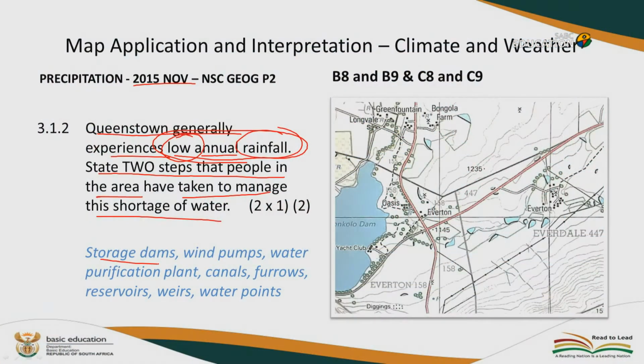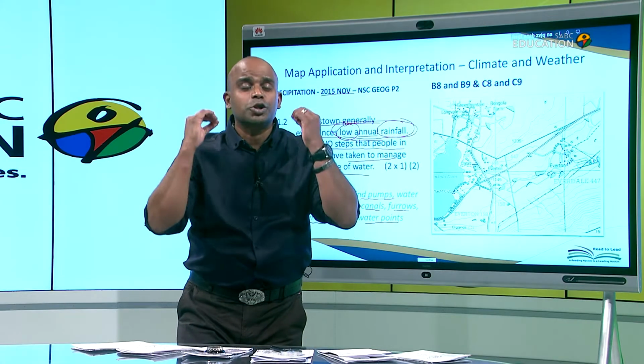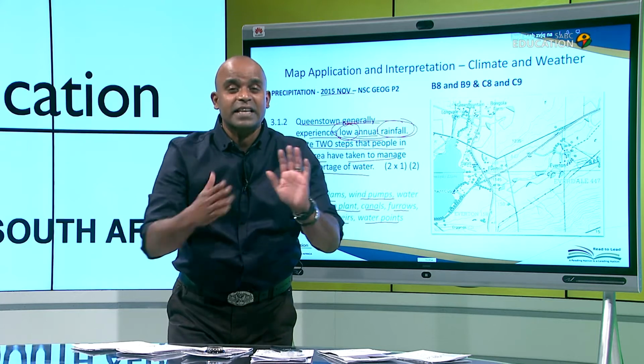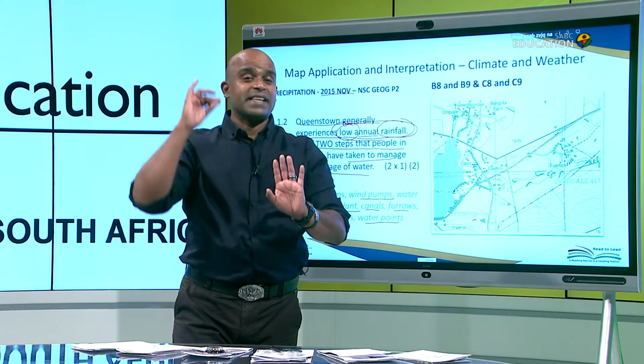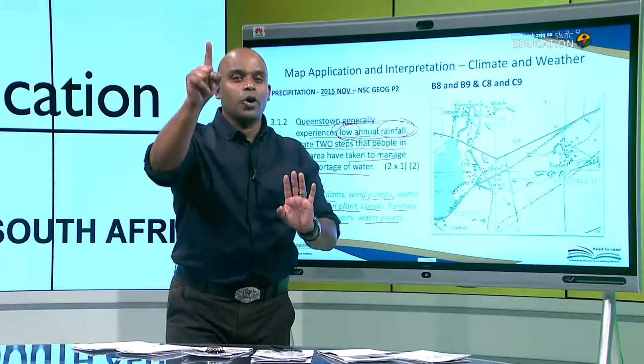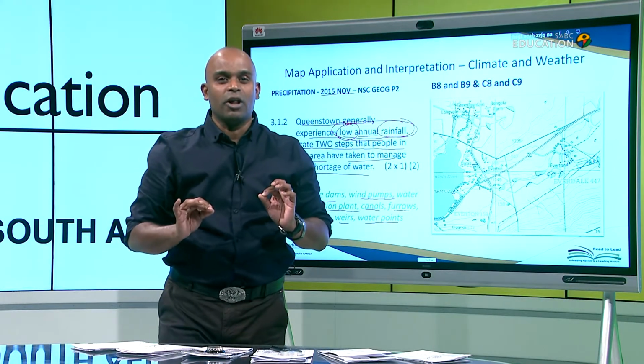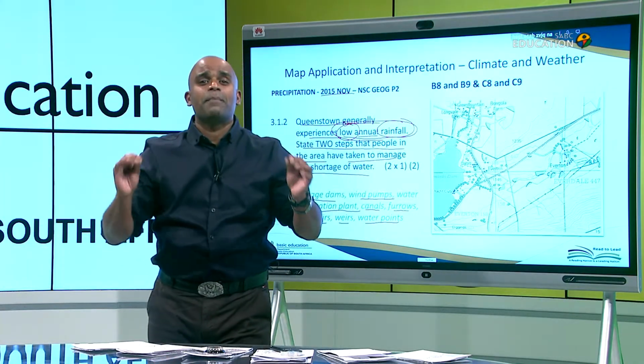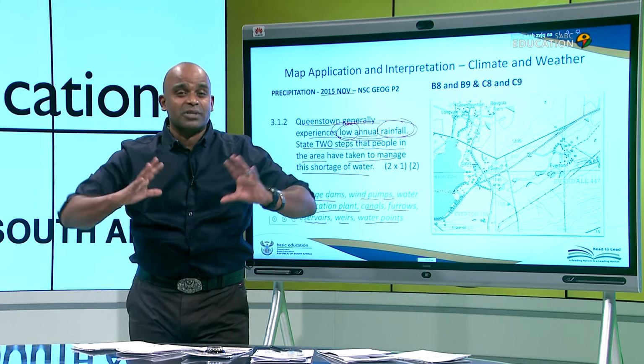Storage dams, wind pumps, water purification plants, canals, furrows, reservoirs, weirs, or water points. These are the examples of what you should be finding on maps in terms of your symbols as evidence for seasonal rainfall.